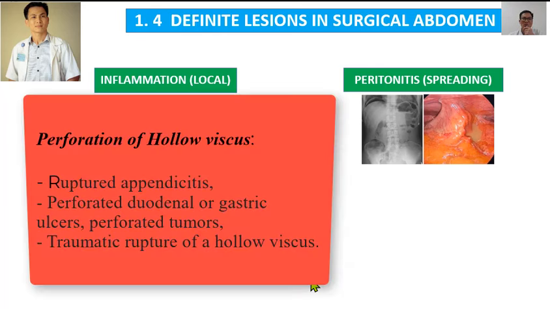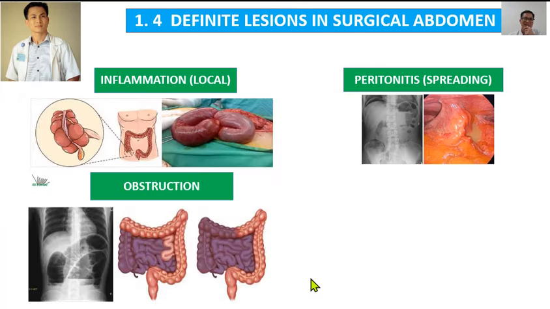This occurs due to the perforation of a hollow viscus, which may result from various pathologies like ruptured appendicitis, perforated duodenal or gastric ulcers, perforated tumors, or traumatic rupture of a hollow viscus. A third is obstruction.